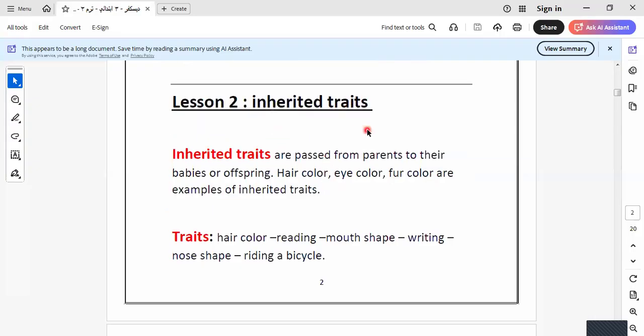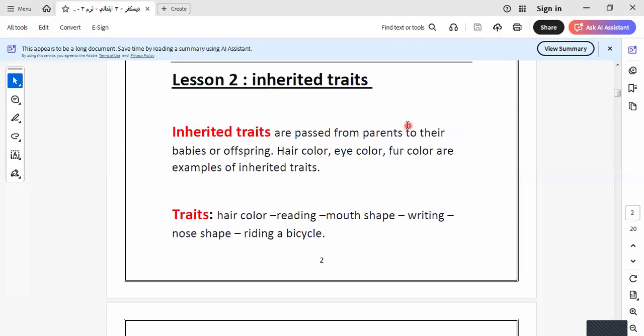Let's go to another thing, which is inherited traits. What is the meaning of inherited traits? Inherited traits means the traits that passed or transported from parents to their babies or offspring. As we know from the previous part, we have eye color and hair color.